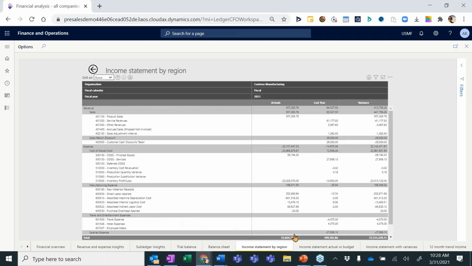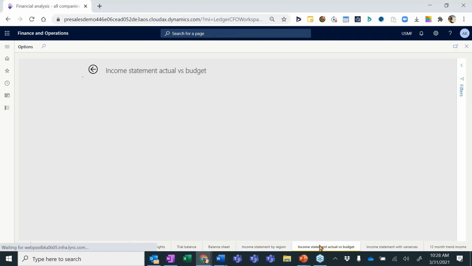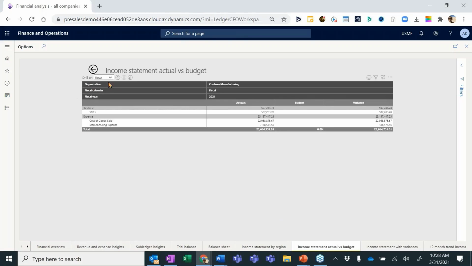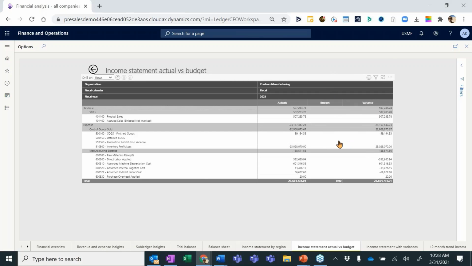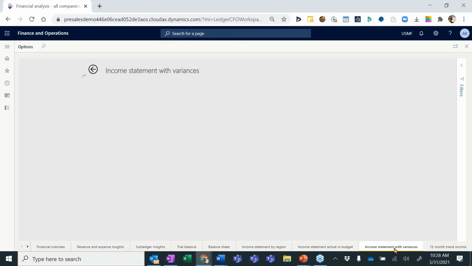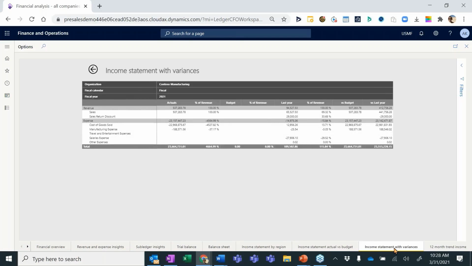Looking at data by region, and this one I always get excited about because I've got actuals versus budgets. And again, I don't have a budget here right now, but I can keep drilling down. Income statement with variances.